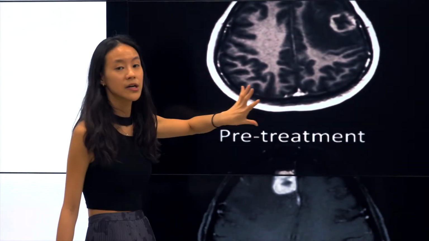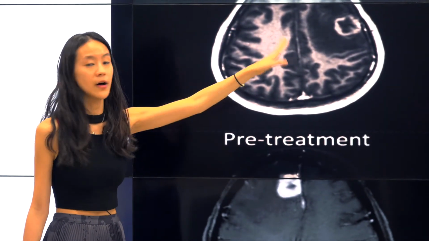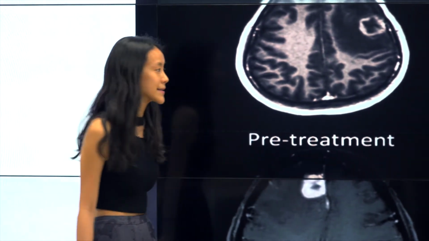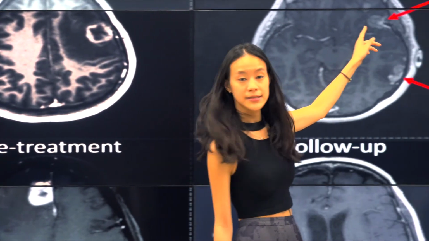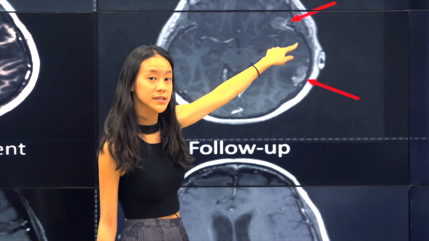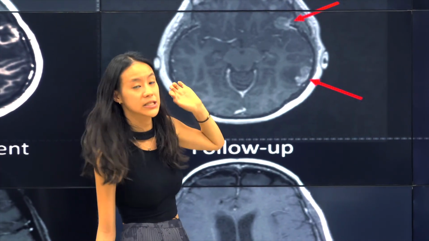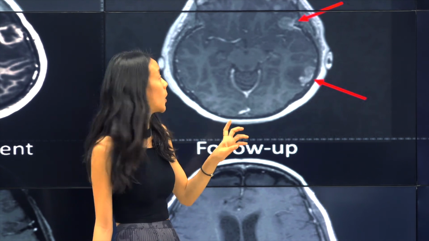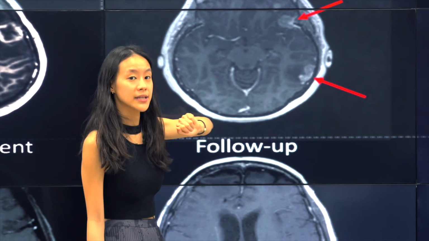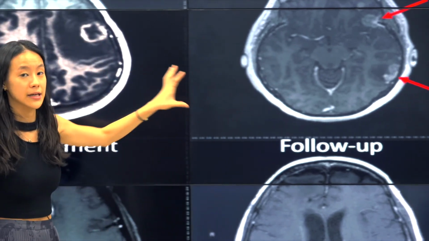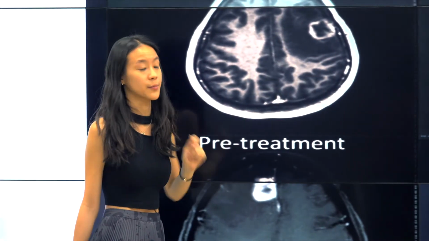So let's just say there is a post-treatment, and this is the follow-up, maybe potentially weeks later. What we're actually going to see is that this is where the tumor was originally, and you can see that it's still there, but it's getting smaller. However, one thing to note is that there are new tumors that exist in the exact same, or in the right area of the brain.